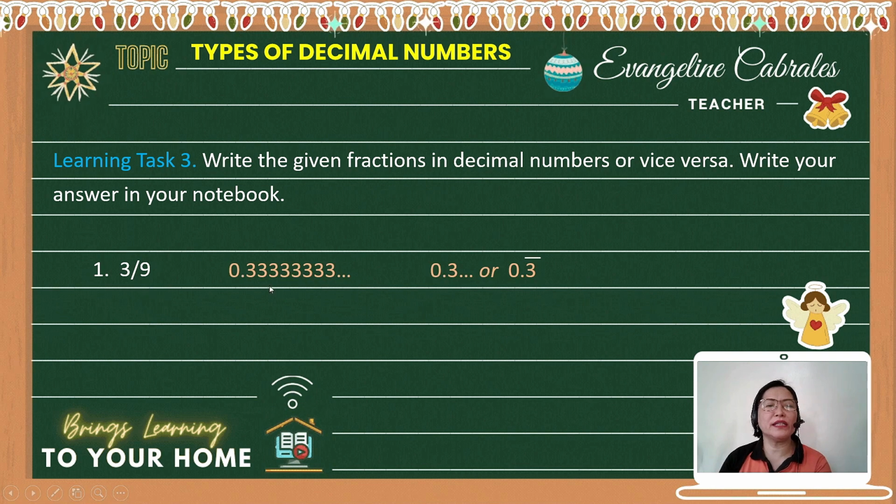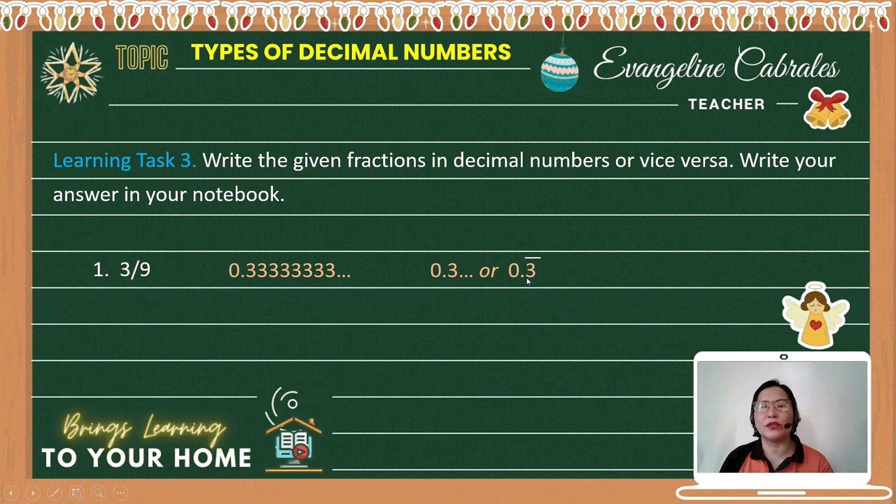So, ang equivalent niyan ay 0.333333. Walang katapusan. Paano nakuha ito? I-divide ang 3 sa 9 or numerator divided by denominator. So, it will be 0.3 or 0.3 na may vinculum sa ibabaw.